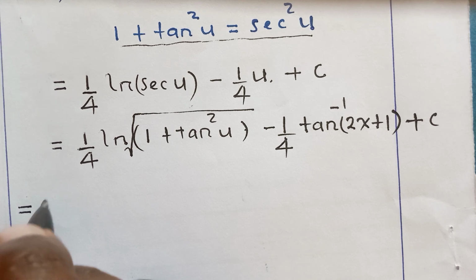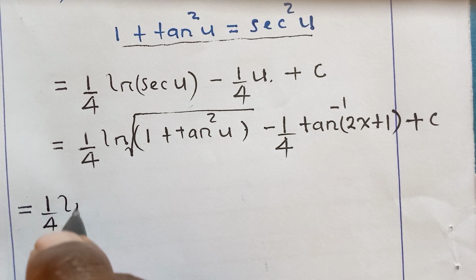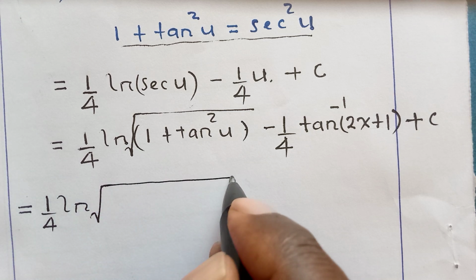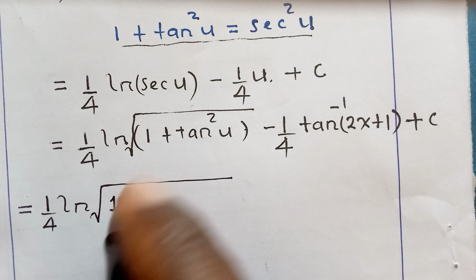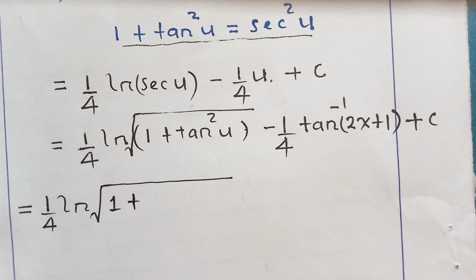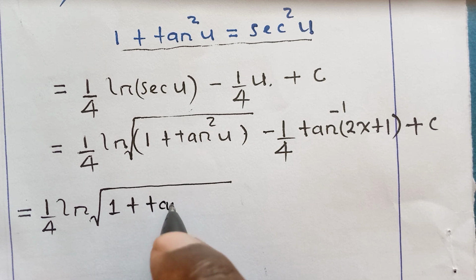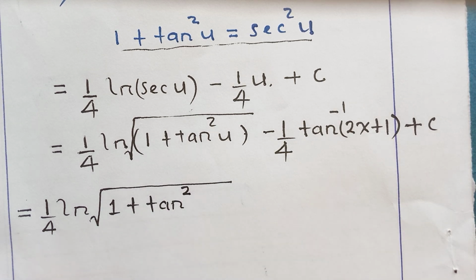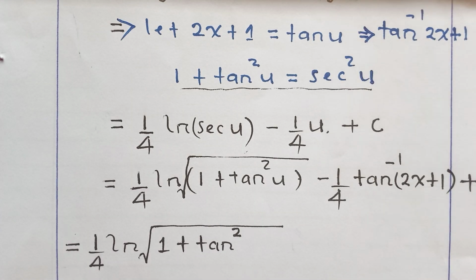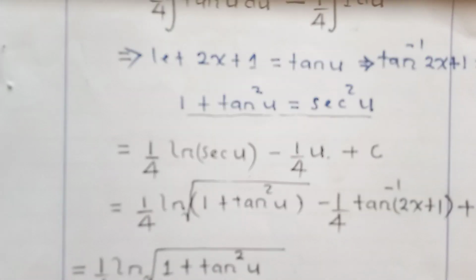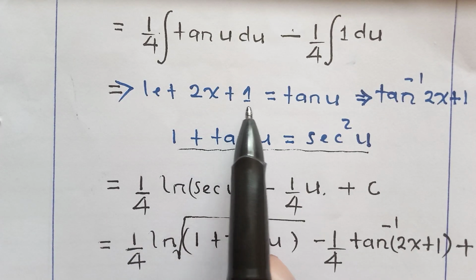A quarter ln square root 1 plus tan squared u, which is now tan squared, and then our u is supposed to be... So guys, this tan squared u, as we can see here, maybe to show you here, you can see that let 2x plus 1 equal tan u.